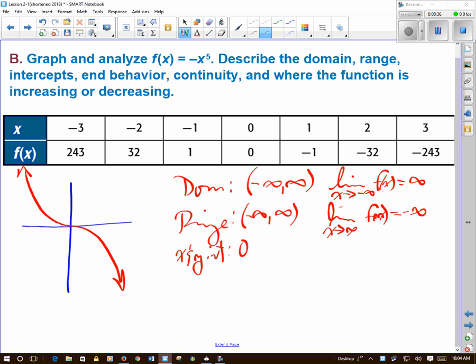It's continuous over its domain, so it's continuous on R, or from negative infinity to infinity, and increasing, decreasing, it is decreasing on R, so over its domain again.